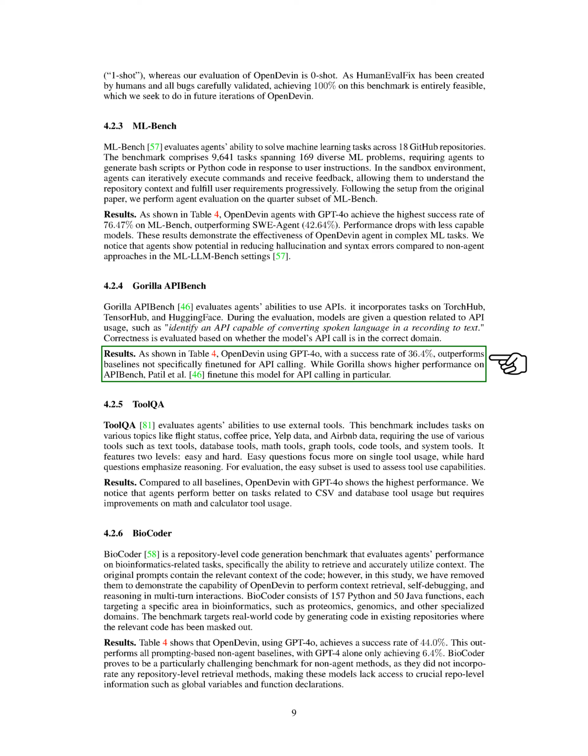Our results indicate that OpenDevin, using GPT-4o, achieves a success rate of 44%, outperforming all non-agent baselines that rely on prompting, where GPT-4 alone only managed 6.4%. Biocoder proves to be particularly challenging for non-agent methods, as they lack repository-level retrieval capabilities, which are essential for accessing important information like global variables and function declarations.